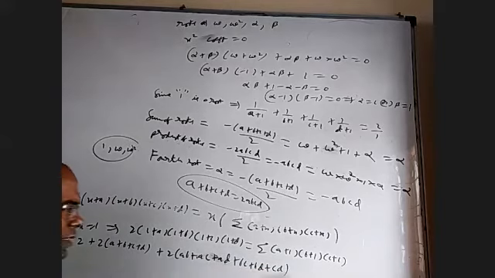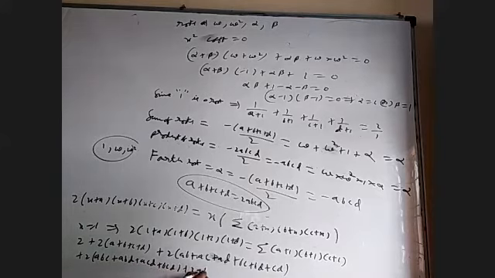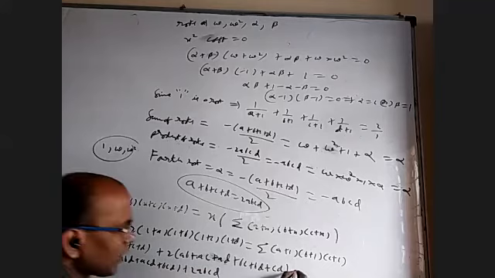All two things. Similarly, three things will come. I don't have place to write. Plus 2 times (abc plus abd plus acd plus bcd), plus 2abcd.